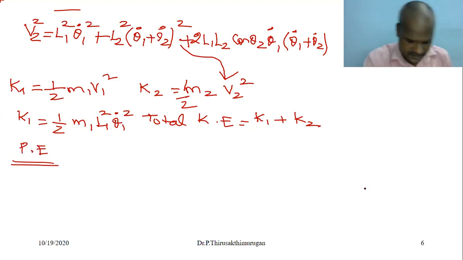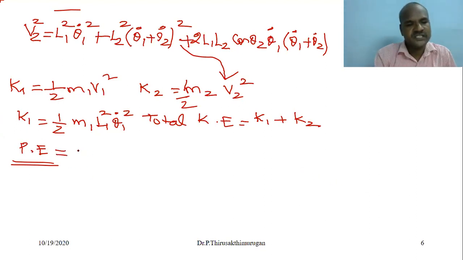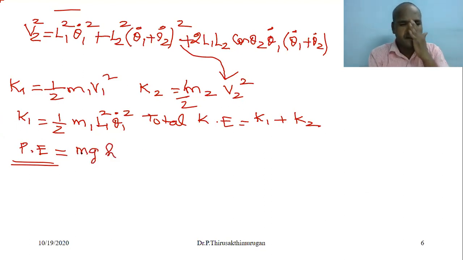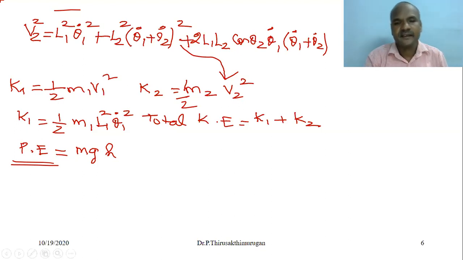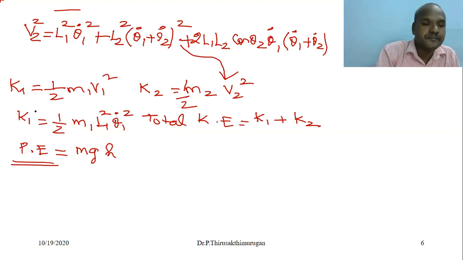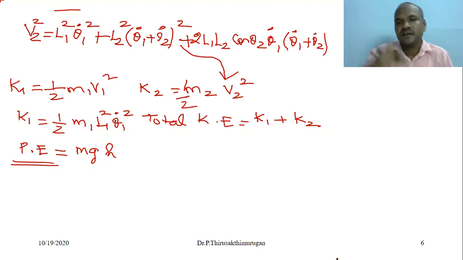You know that the potential energy formula is mgh. Here the potential energy for mass 1 is m1 g. What is the height? The general formula is mgh, where h is the height from the reference. What is the reference?